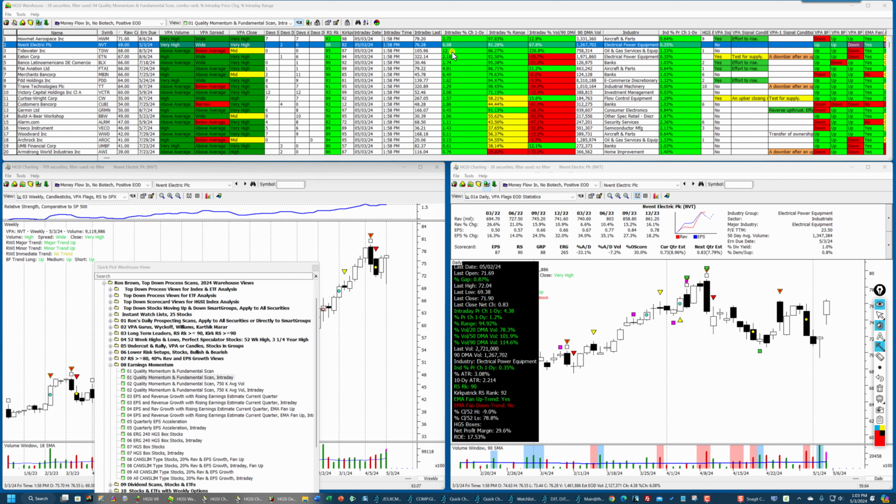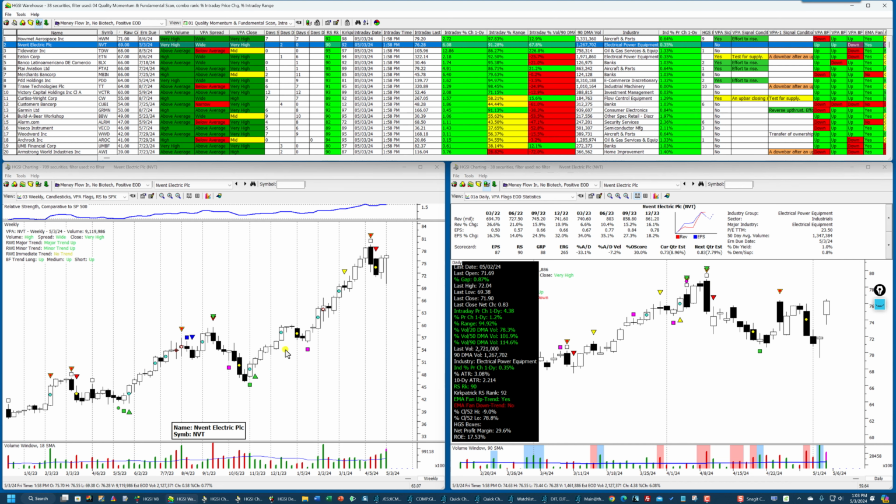So the money flow is going to be positive today also. I also need to point out up here in this column that the earnings came out today. This is May 3rd. So that's why it's jumping up.